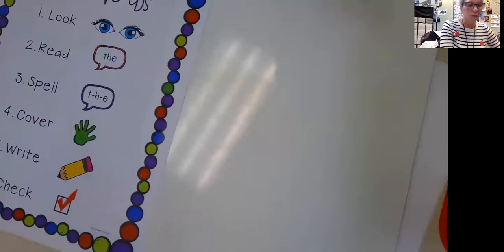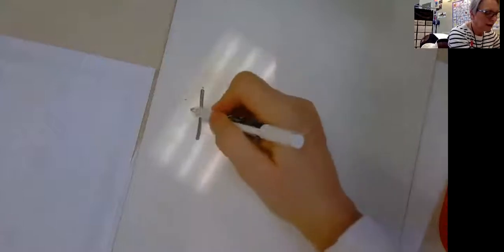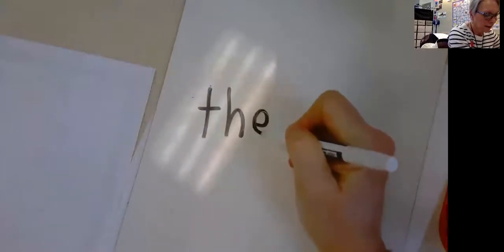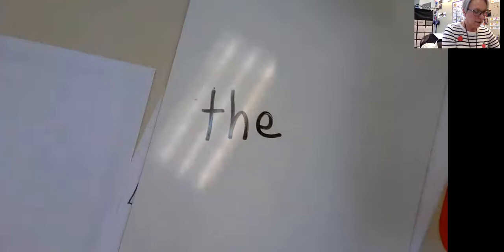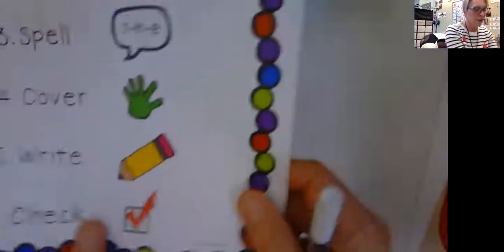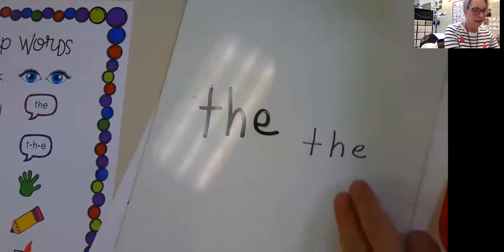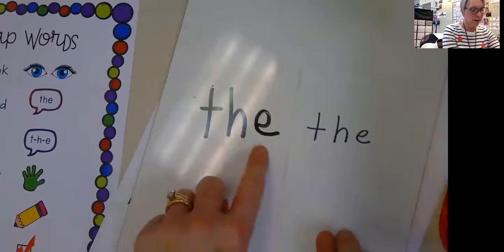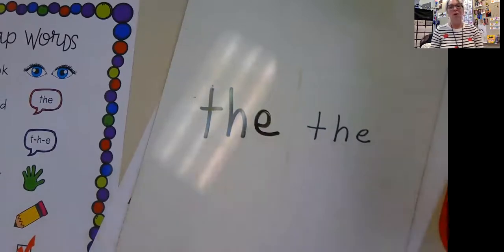Ooh, I don't want to see it. I'm gonna see if I know it now. The. Okay, now check it. You wrote it. Now you're gonna check it. Did you write it right? The. Oh, that's how I do it.